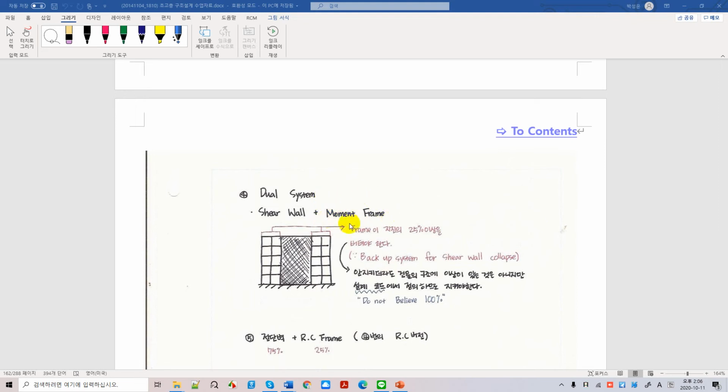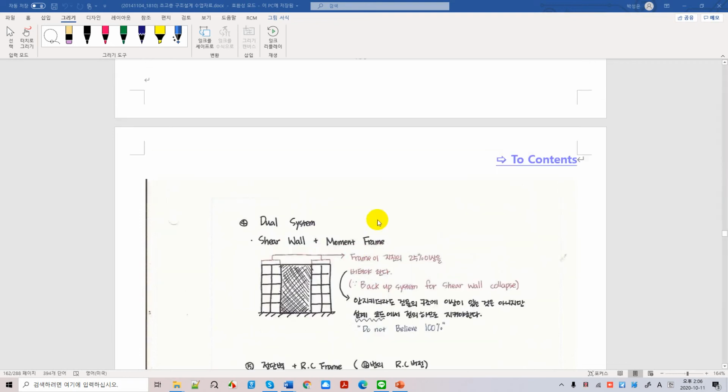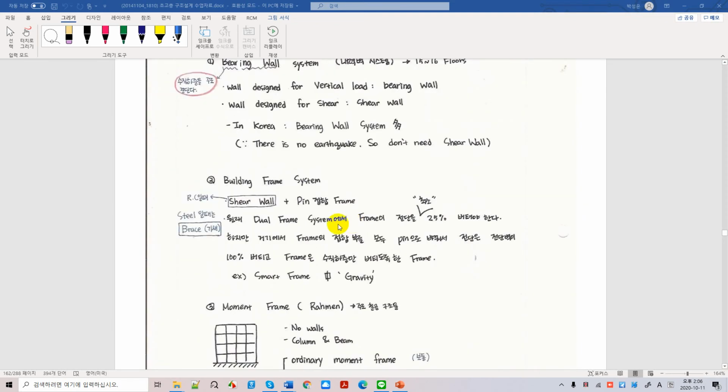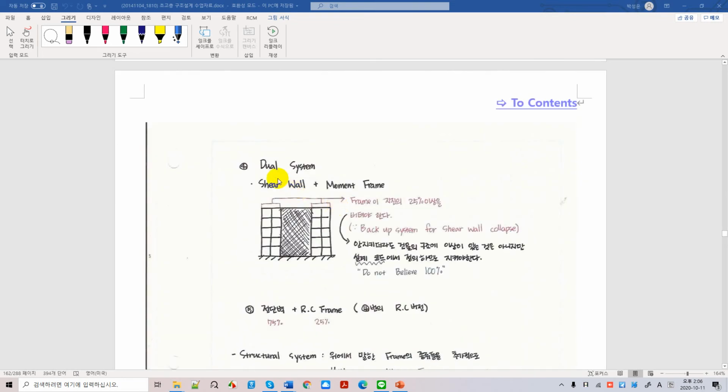So the moment frame will participate in resisting lateral load, whereas the frame in the building frame system does not participate. The simply supported frames do not participate in resisting lateral force, of course. And here, dual frame and building frame, both frames look the same, but their role in terms of contributing to the lateral load resisting system is quite different.